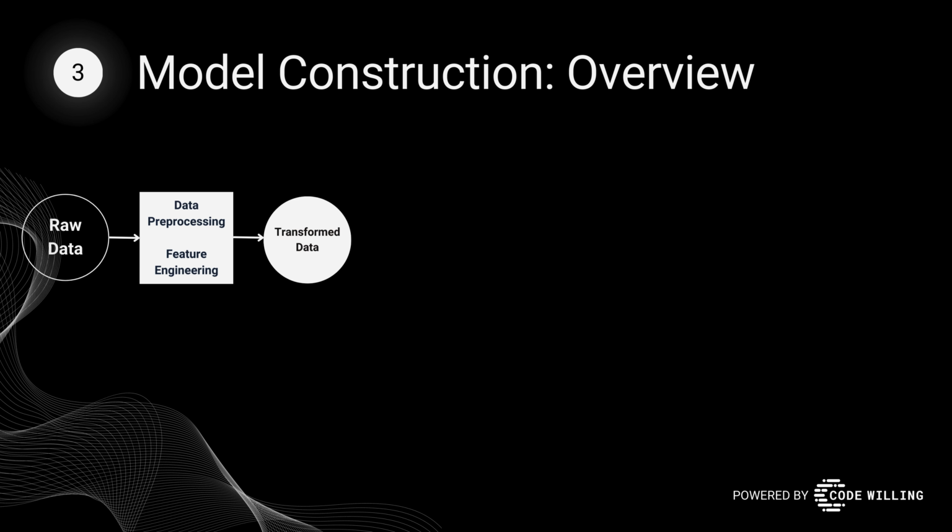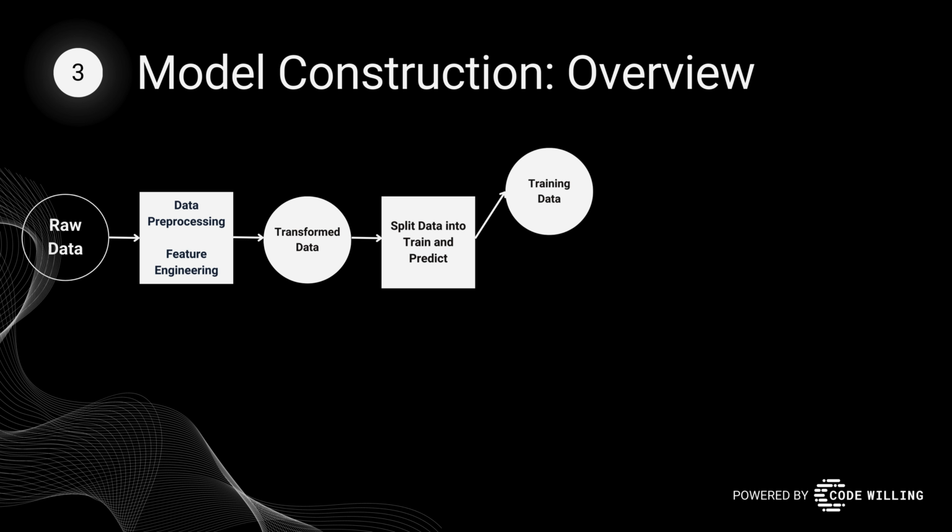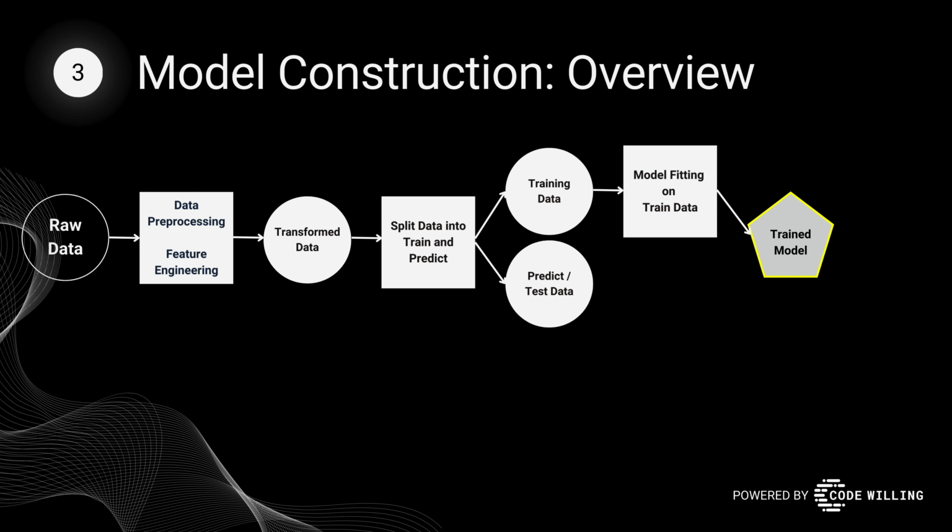Once our dataset is prepared, we split it into 2 parts: a training set, containing both the X features and Y target variables, for fitting the model; a prediction, or test set, where the trained model uses only the X feature variables to generate predictions of future stock returns. By following these steps, data preprocessing, feature engineering, and model construction, we're able to forecast stock returns and ultimately build the daily portfolios discussed earlier.